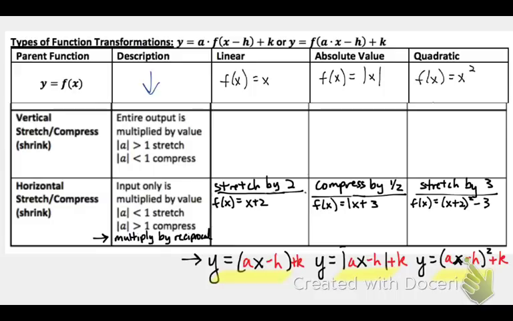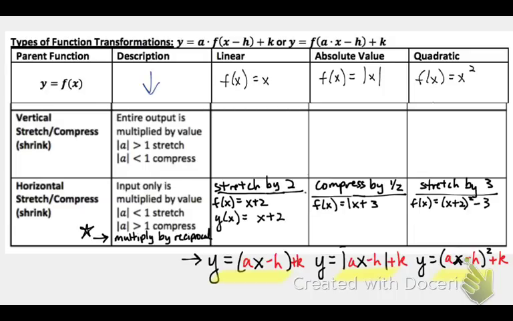And on your notes, notice that when we multiply, that multiplier a is the reciprocal of the factor that you are stretching or compressing by. So under linear, if we want a horizontal stretch by 2, we're going to end up multiplying just the input by a half.